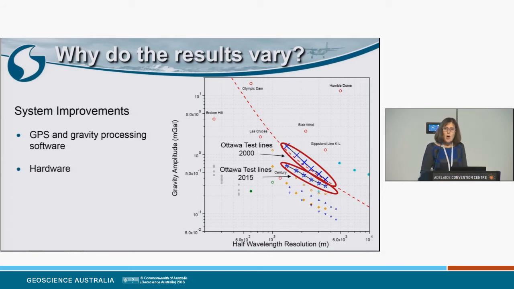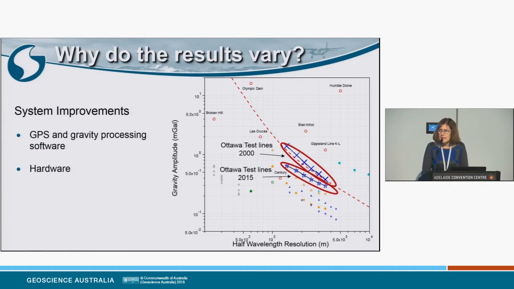Also, and this is a small thing, but we're getting better at it. So mostly due to GPS and gravity processing improvements and some small hardware improvements, we're doing better now than we used to. So if you look at the points in the top circle, those are the accuracies at various resolutions from the test line that we fly close to our office in Ottawa that were flown in the year 2000.